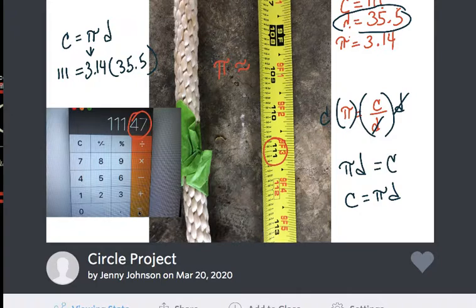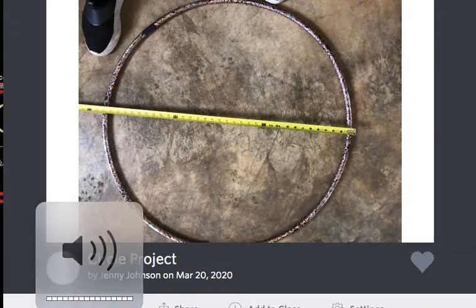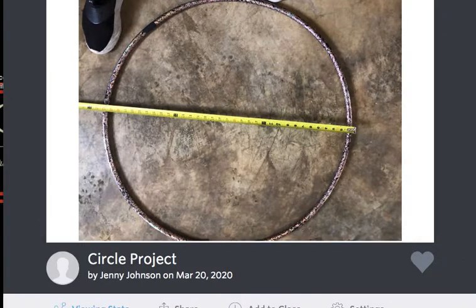Now I'm going to find the area of the same circle. So we said that Lucy's hoop had a diameter of 35.5. That's going to be important information. So again, here is Lucy's hoop, and we said that the diameter was equal to 35.5.